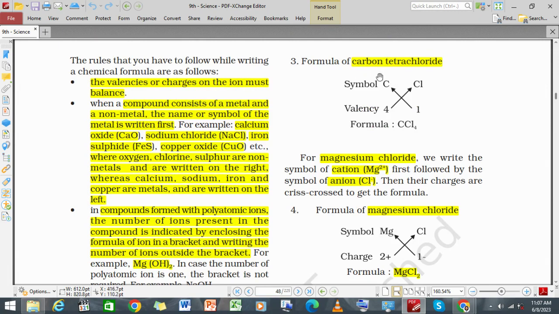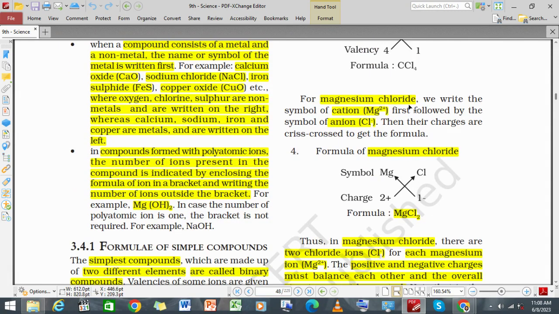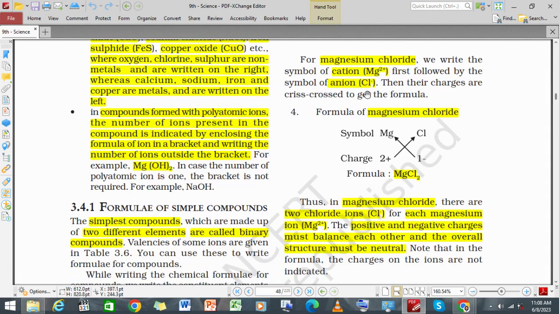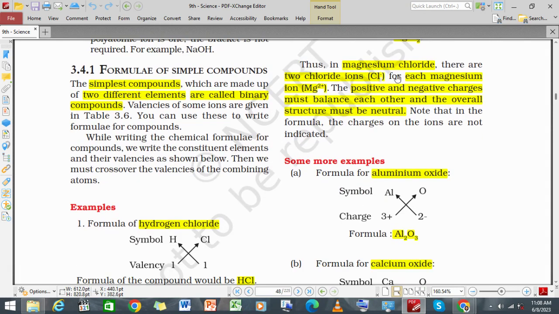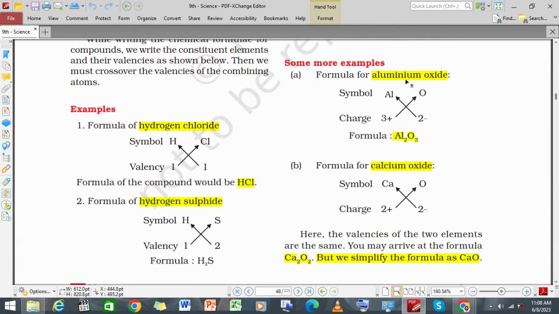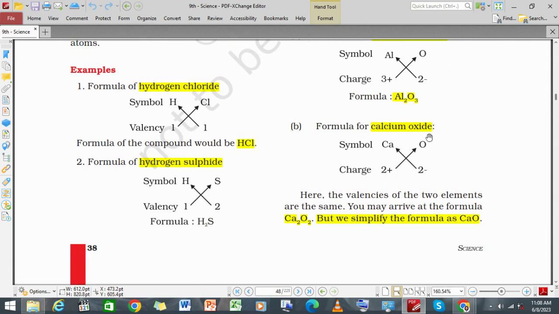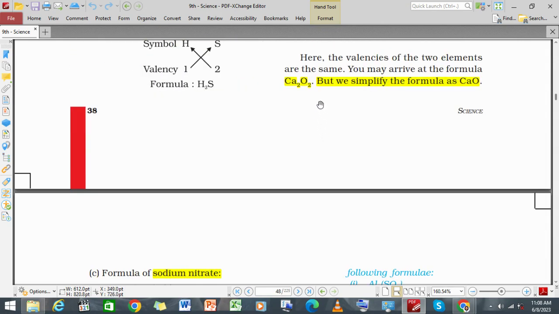And there is also carbon tetrachloride, CCl4, and magnesium chloride, where the cation is Mg2+ and the anion is Cl-, and the formula is MgCl2, with two chloride ions Cl- for one Mg2+. Some other examples have also been given: AlCl3, Al2O3, aluminum oxide, and calcium oxide, CaO.